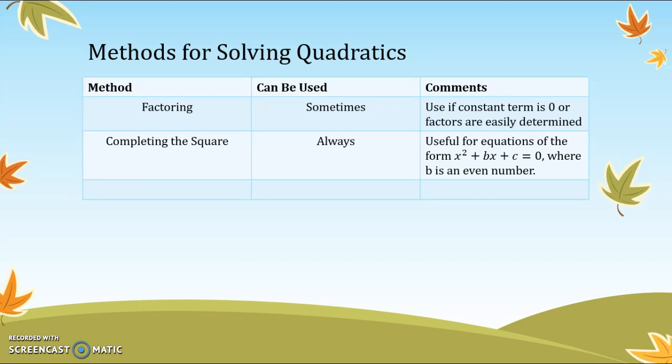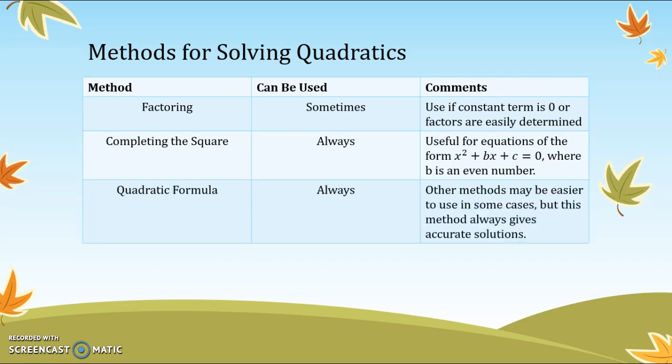But as you may have found out doing your lesson work, sometimes completing the square can create some pretty ugly fractions. And not only that, but there's a lot of room for error. So using completing the square can be useful when we have equations where there is nothing in front of x squared, and when the middle number b is an even number, so it's evenly divisible by 2 when we're completing the square.